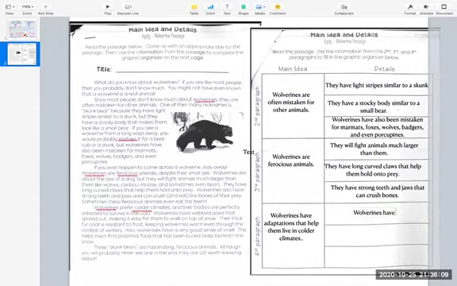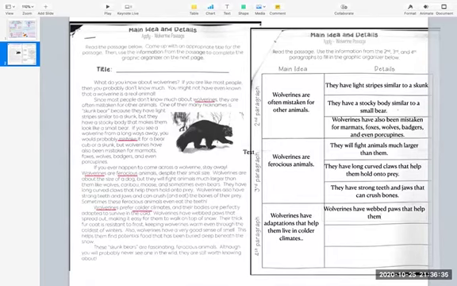Wolverines have webbed paws that help, whoops, that spread out.